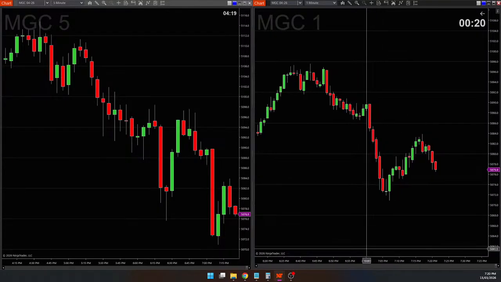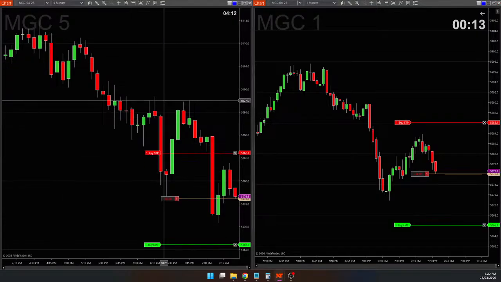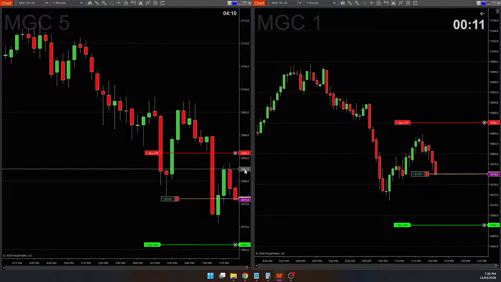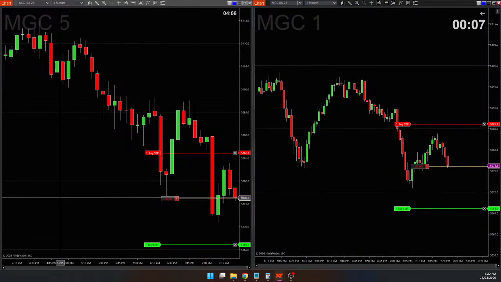I think it's just going to be a clean retracement, so I'm going to enter the retracement early. Short. Now we can consider even adding to the position.